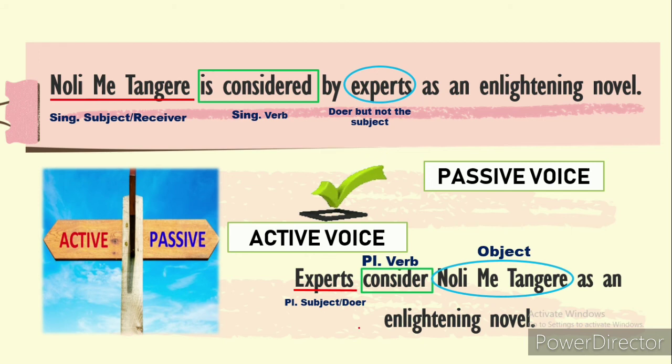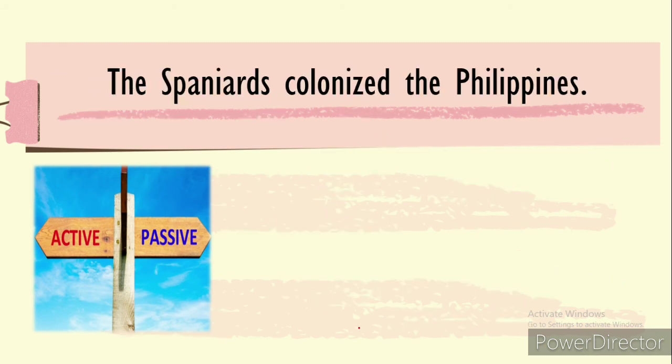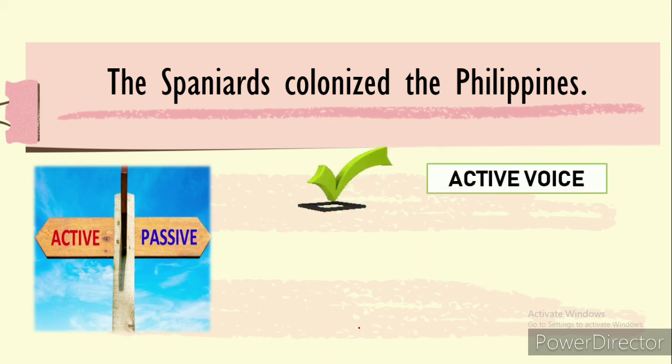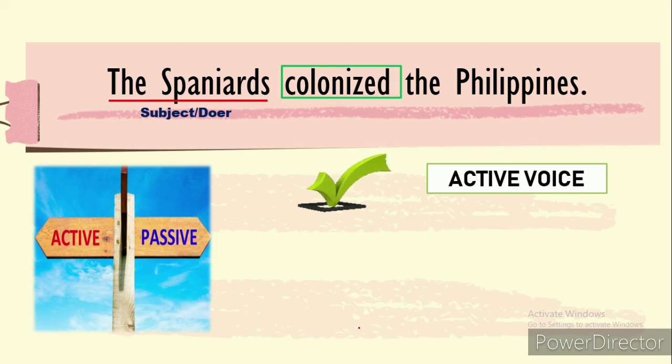Next, the Spaniards colonized the Philippines. Is this in active or passive voice? Correct! This is in active voice. The Spaniards as the subject or the doer of the action or the verb colonized. And Philippines is the object.